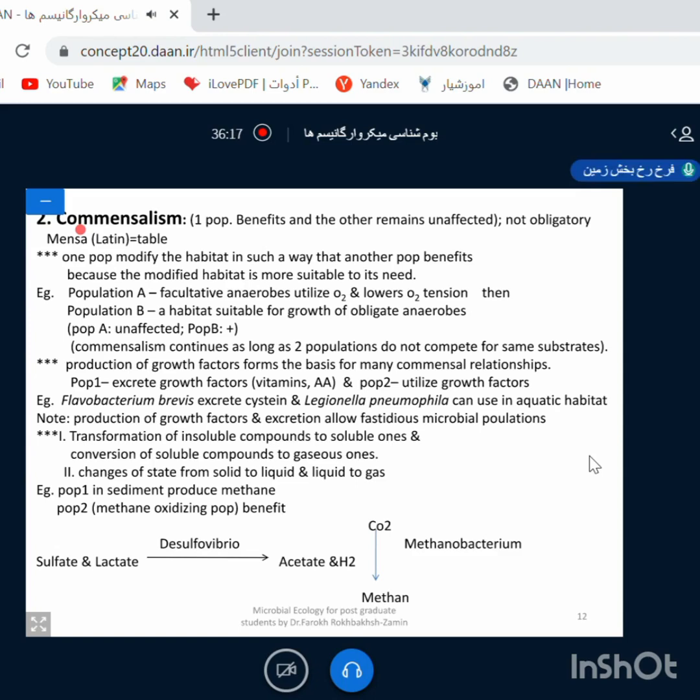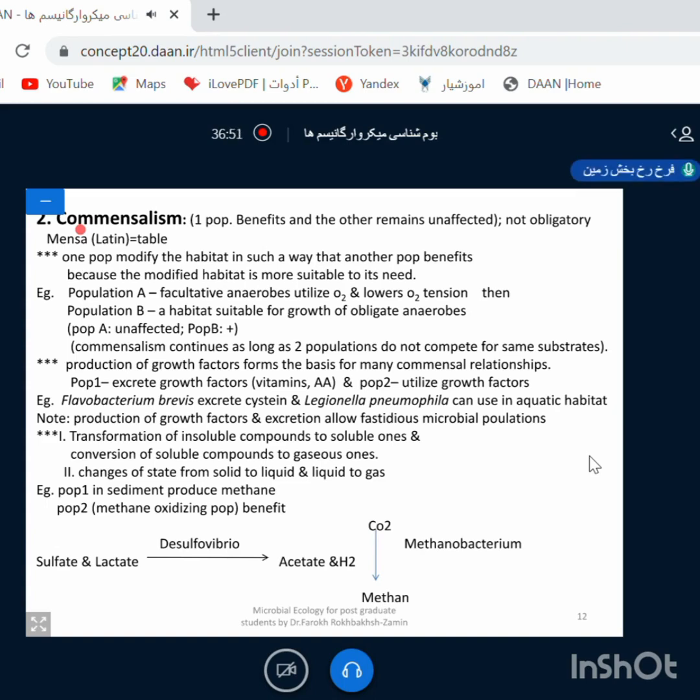Some microbes are present in our large intestine. We eat food and digest it in the small intestine, but some unused material goes to the large intestine or goes out as feces, as stool.